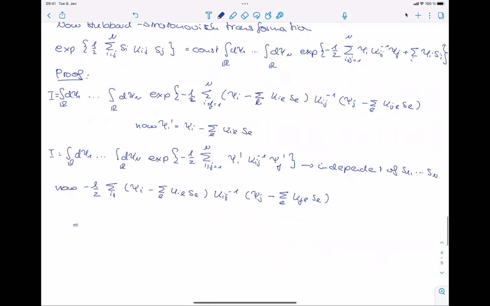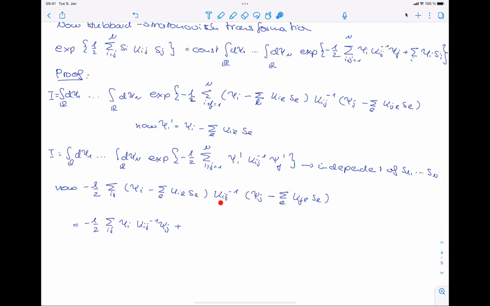This is nothing else, if we work it out, than psi_i K_ij inverse psi_j plus summing over the product of these terms together.